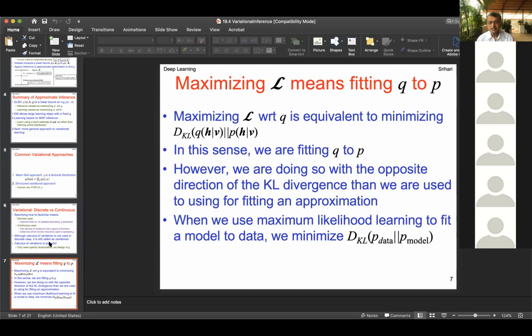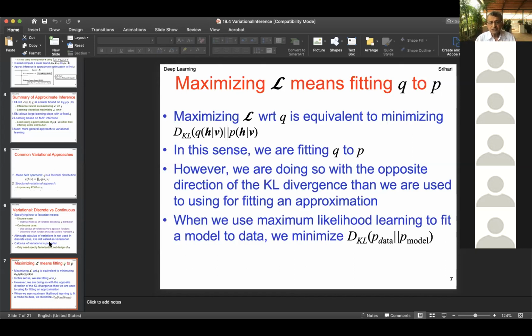This term appears on the right-hand side of L, and we want that negative quantity to be as small as possible. That will maximize L. In this sense, we are fitting Q to P. P is there when we are trying to minimize this DKL. We are trying to find a Q. We are trying to fit the Q to P. Seems like the obvious thing. We got the P and we're going to fit the Q to it.